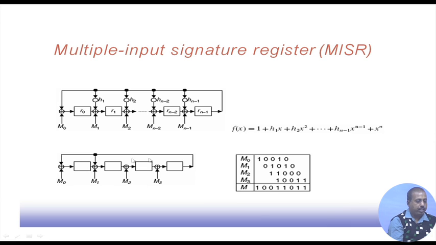This way the division will take place. Ultimately it will produce this particular pattern 1 0 0 1 1 0 1 1, which is the actual representation. The same message bits that we have over a number of cycles can be represented by a single message polynomial like this. The remainder that comes is nothing but the division of this message by the characteristic polynomial f(x).